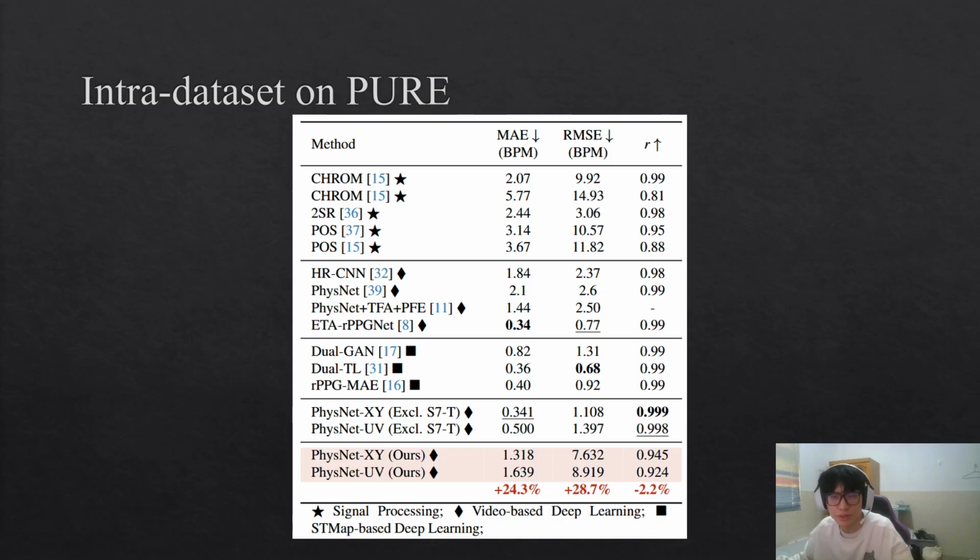Including all subjects, the MAE increases to 1.318 and 1.639 bpm, while VCNet UV shows slightly higher MAE in this intra-dataset testing. Its true advantages become apparent in cross-dataset scenarios.